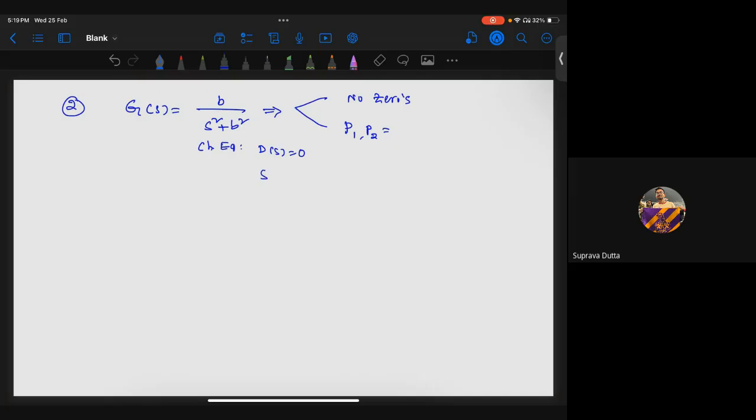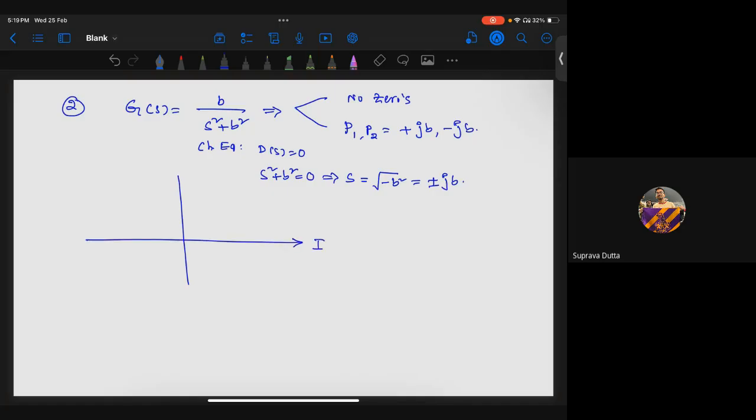So what is d of s? s square plus b square equal to 0. That means s equals root over minus b square, correct? So that will be plus or minus jb, correct? Now if you plot on the S plane, what do you get?